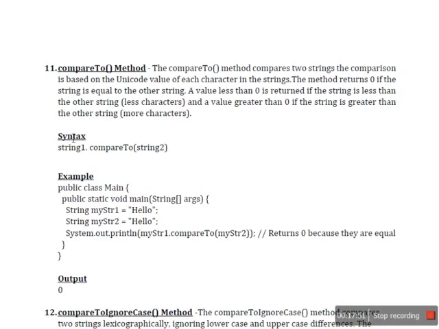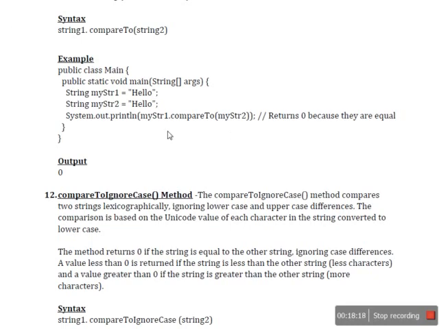Next method is the compareTo method, which is used to compare two strings. But one thing to note is that the comparison will be based on the Unicode value of each character in the string. And what will it return? It will return 0, or less than 0, or greater than 0. Three values can be returned through it.